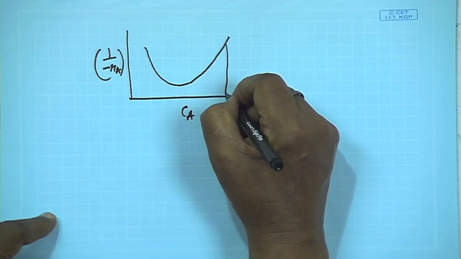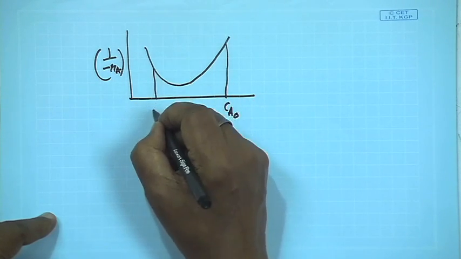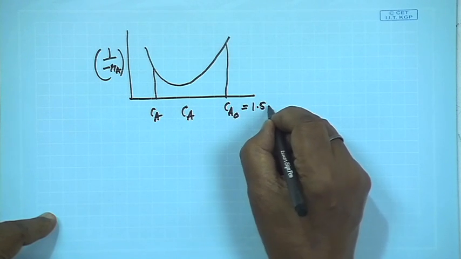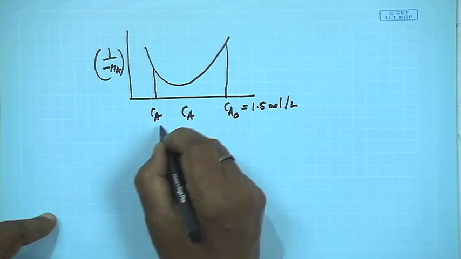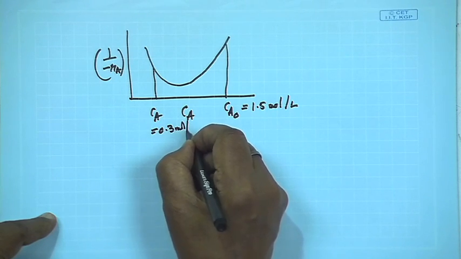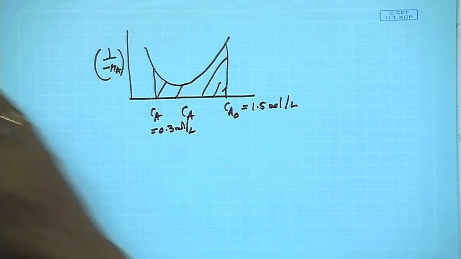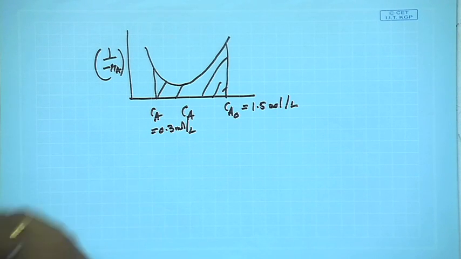So here we have CA0, which is equal to 1.5 mole per liter, and this is CA, 0.3 mole per liter. The area under this curve I can similarly find out.